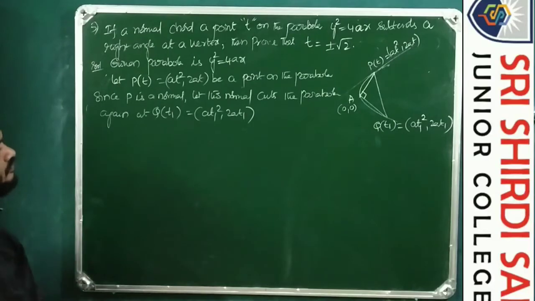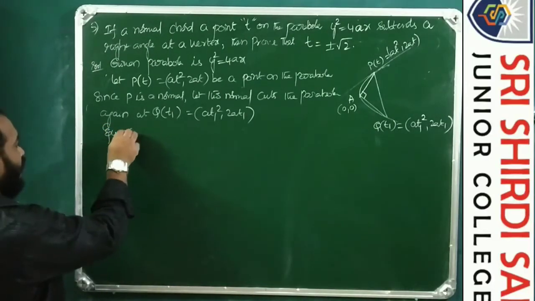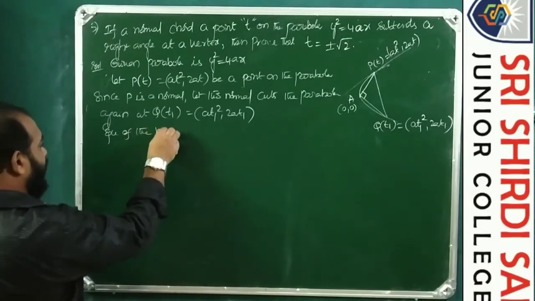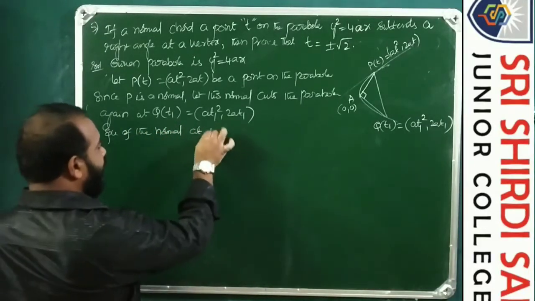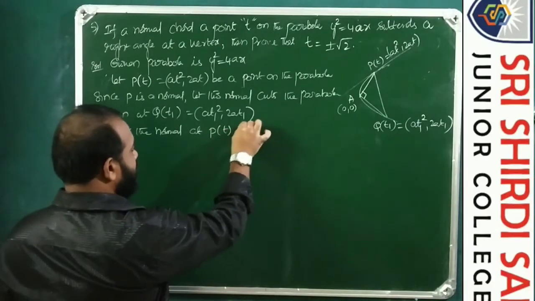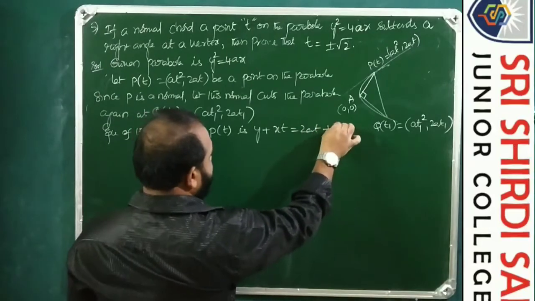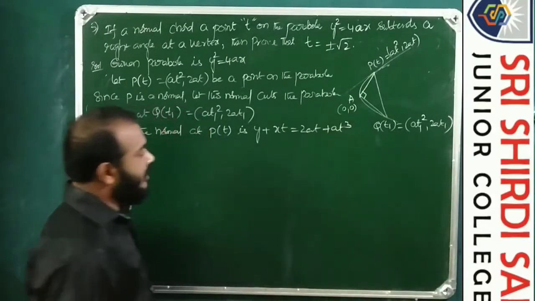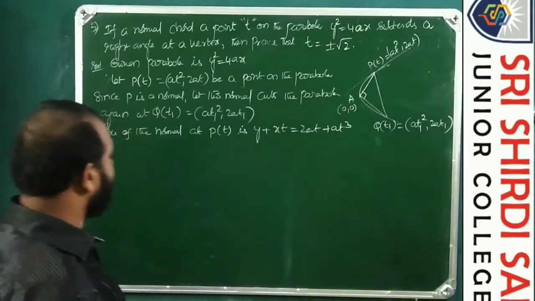Now the equation of the normal at P of T is y plus xt is equal to 2at plus at cube.